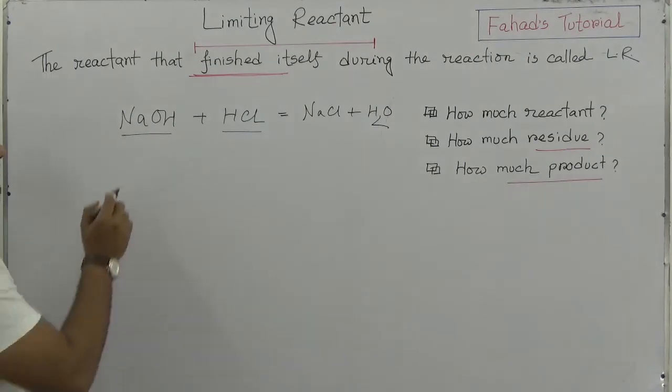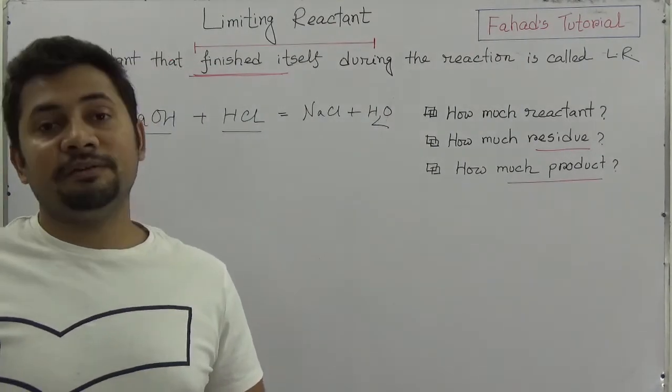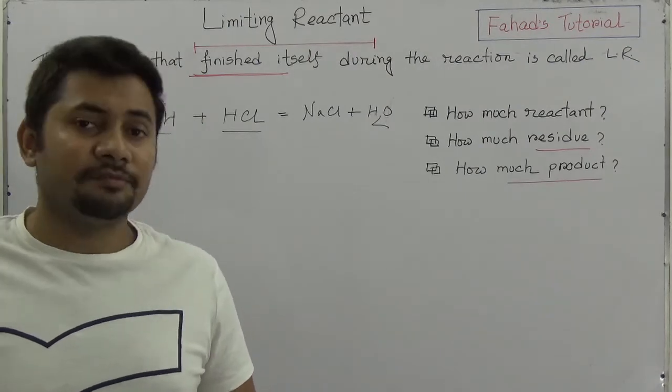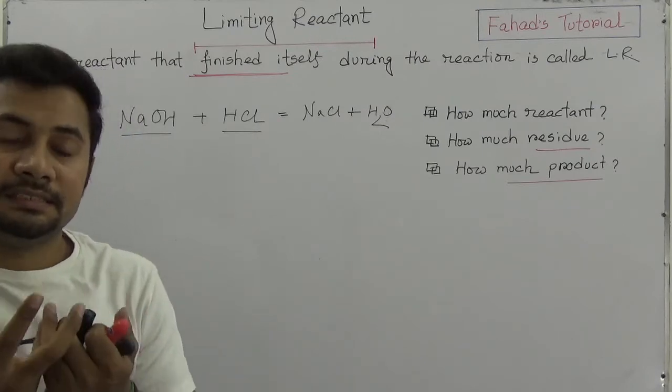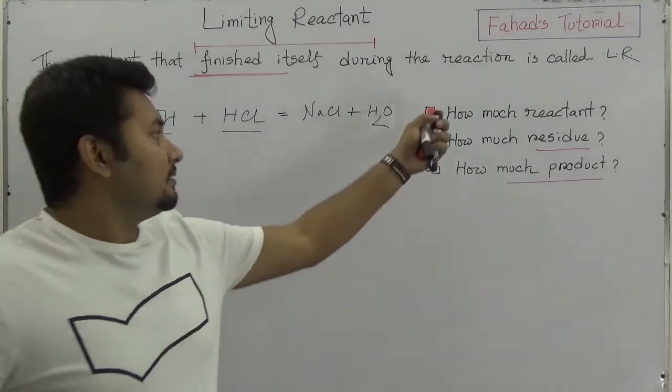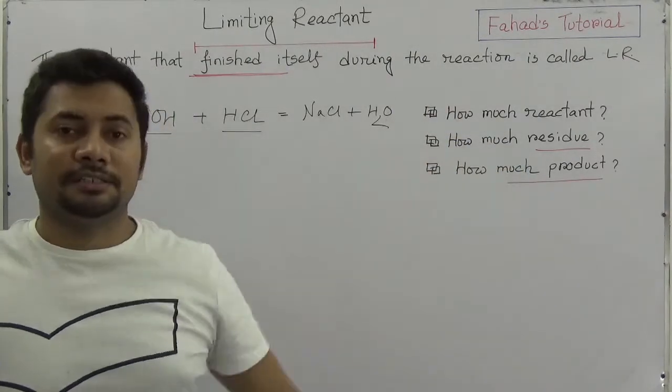Now the question is given that 500 gram sodium hydroxide is reacting with 500 gram hydrochloric acid. Then what is the next question? How much reactant, how much residue, how much product?